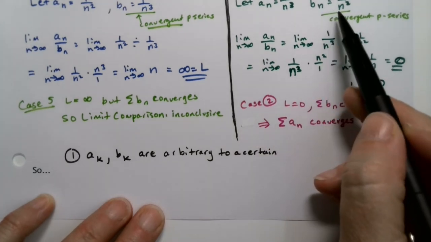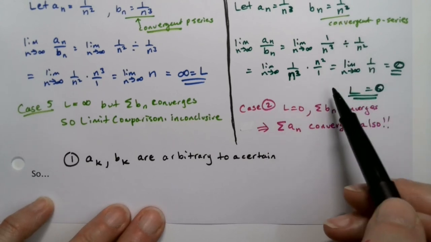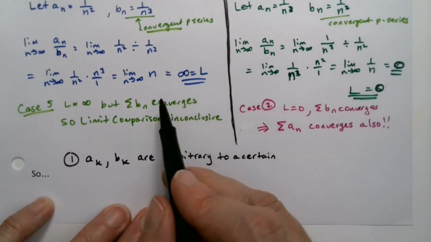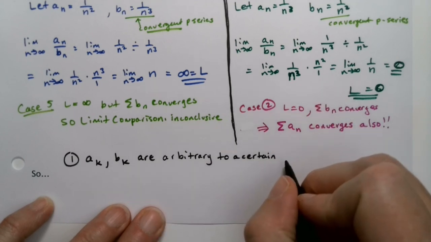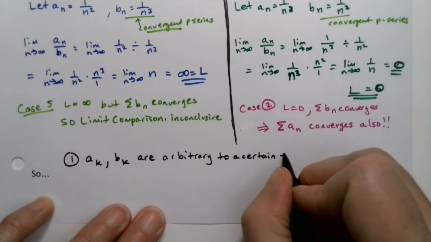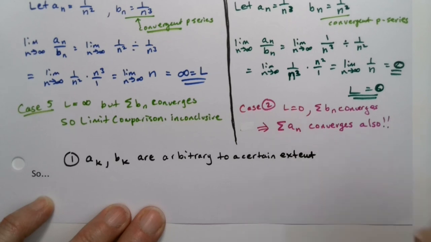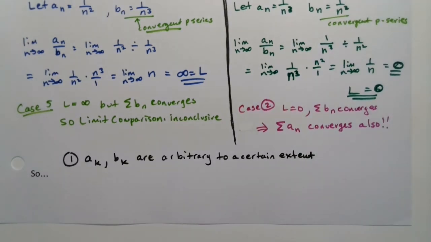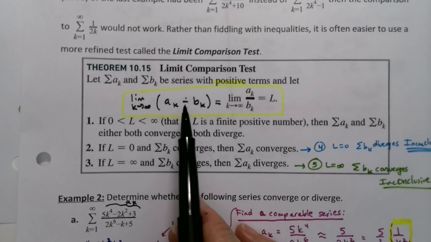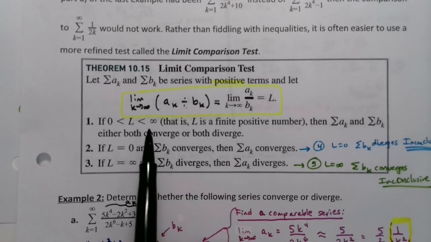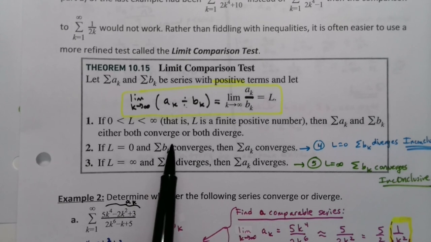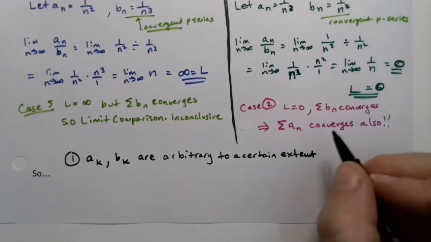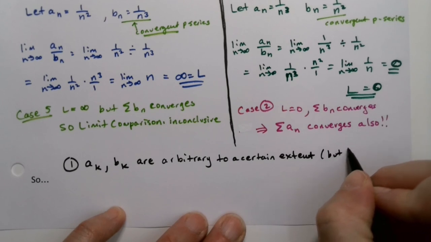Once I chose that to be my denominator, I have to stick with it as my denominator. And you can see sometimes it'll work one way and not the other way, or vice versa. It doesn't establish which one they are at the beginning of the theorem. You can pick whichever one you want. But then it matters which one was the denominator series down here. That's where it really counts.